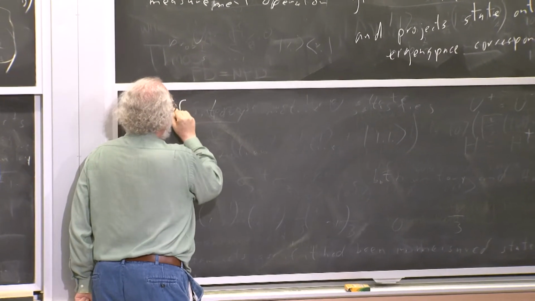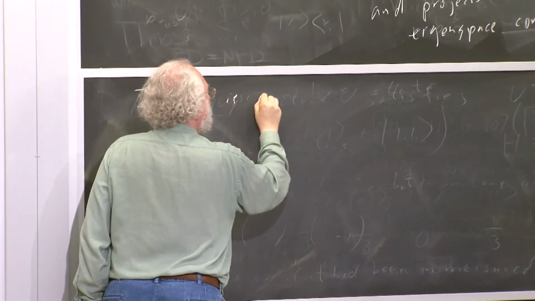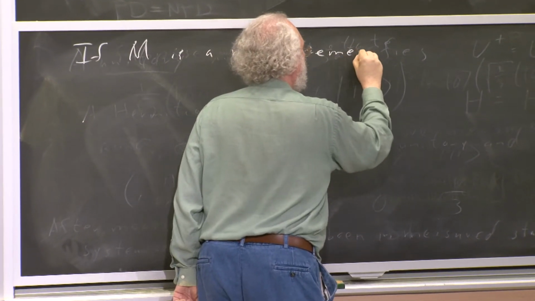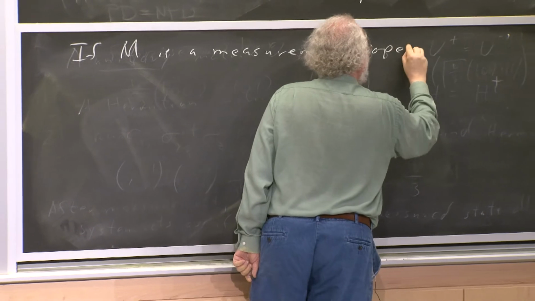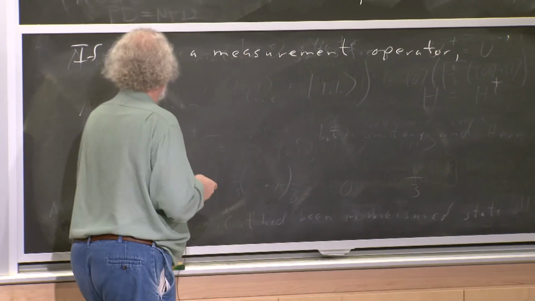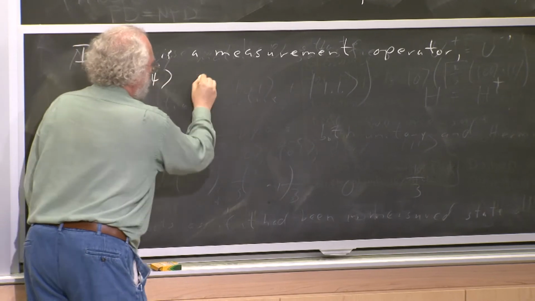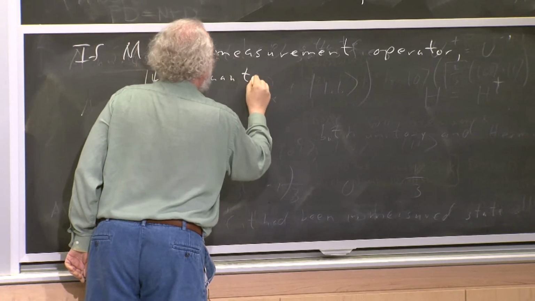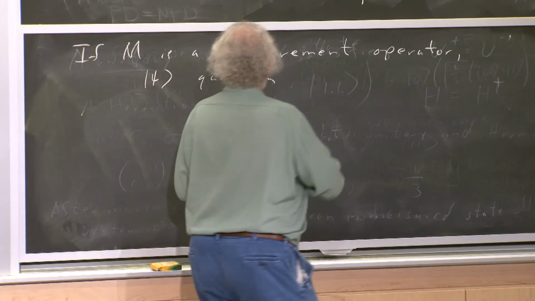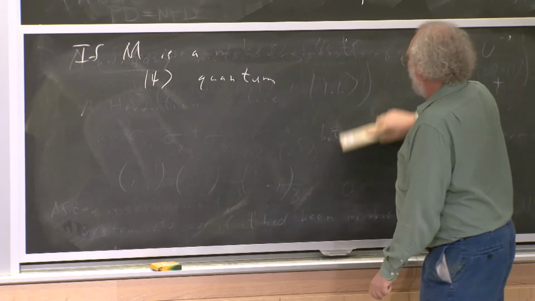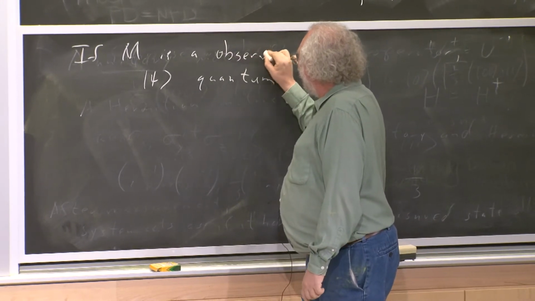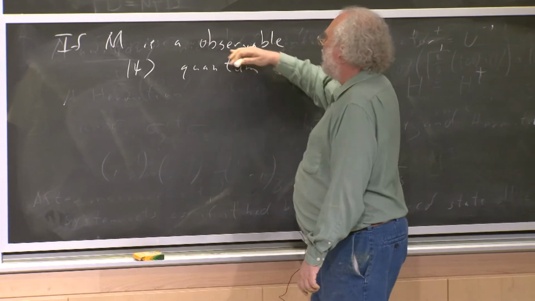So if M is a measurement operator, and psi is a quantum state, actually what quantum people call this, in quantum mechanics, these are called observables.